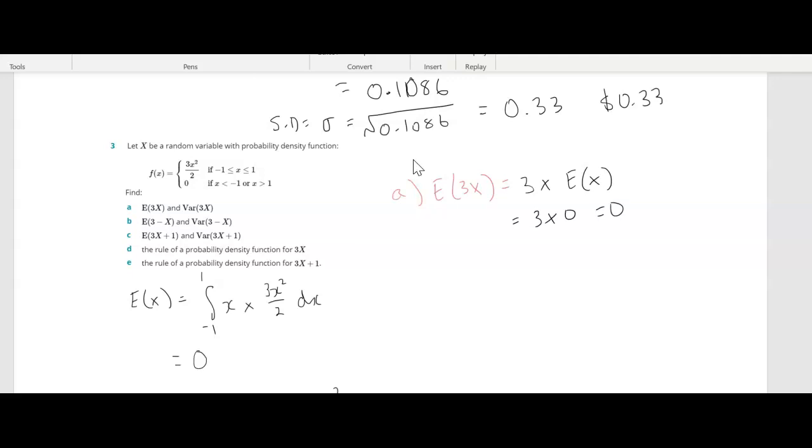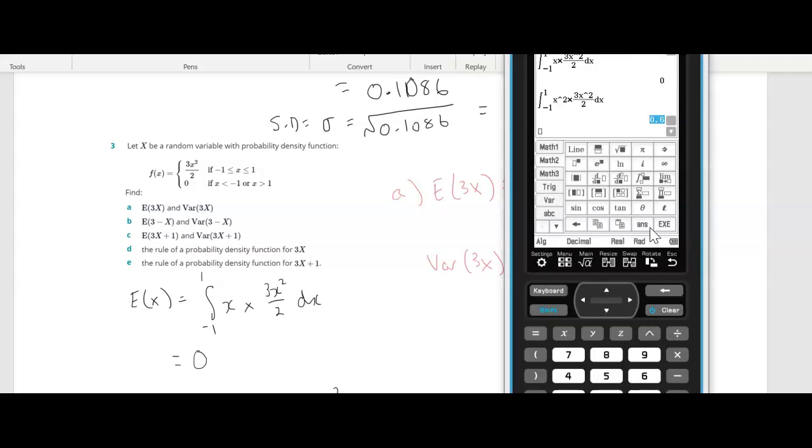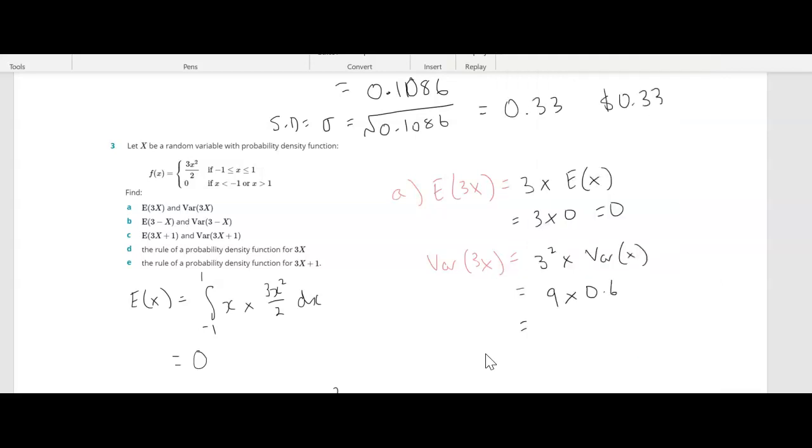And then your variance is equal to 3 squared times your variance, so I'm just using the rules from before. So 9 times 0.6, which I would be able to do if I had it as a fraction, but I'm under the pump. Actually, I think it's 5.4. It's funny, sometimes I do it quickly in my head before I even do it on the calculator.